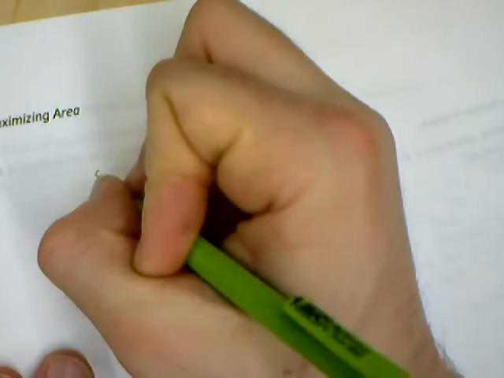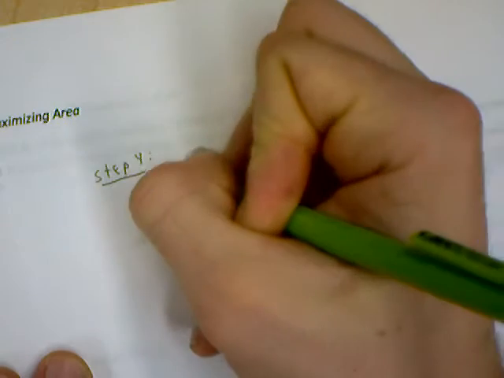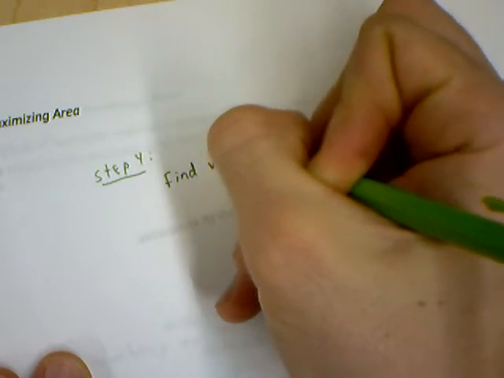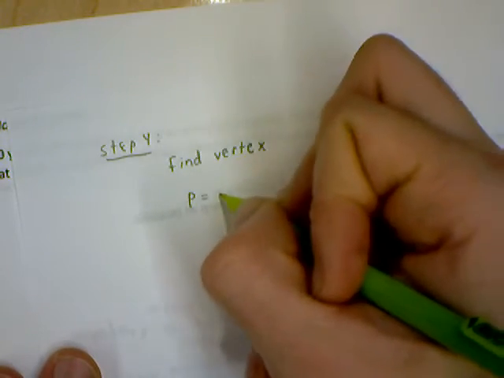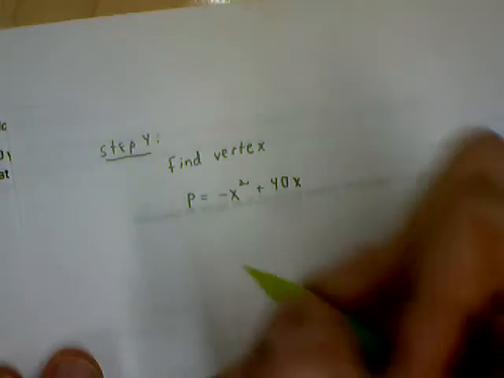So step 4, find the vertex, which will give us our x and our y. I know that p equals negative x squared plus 40x.